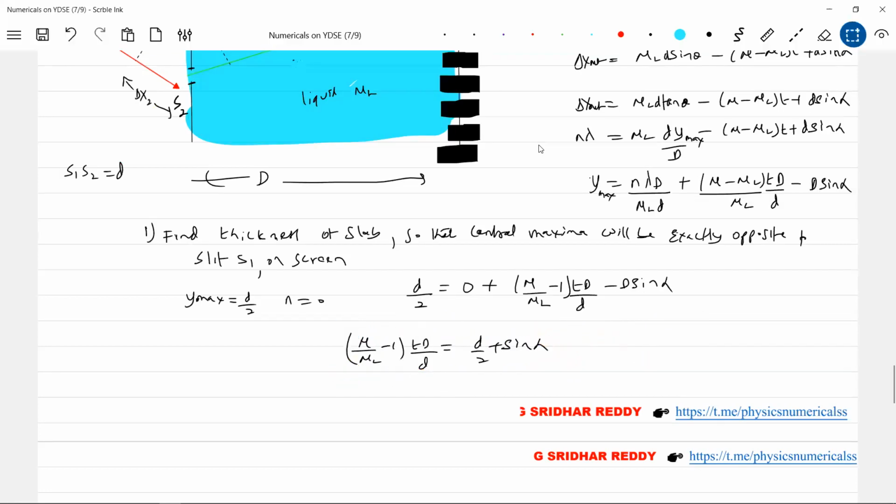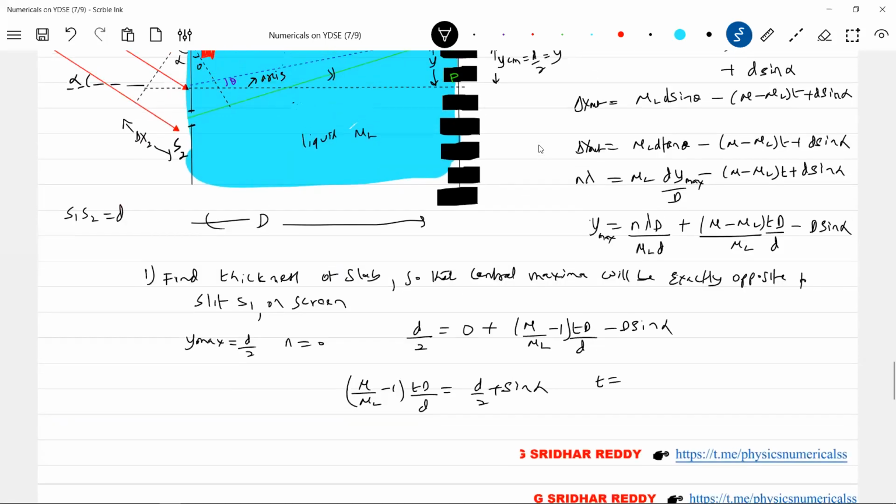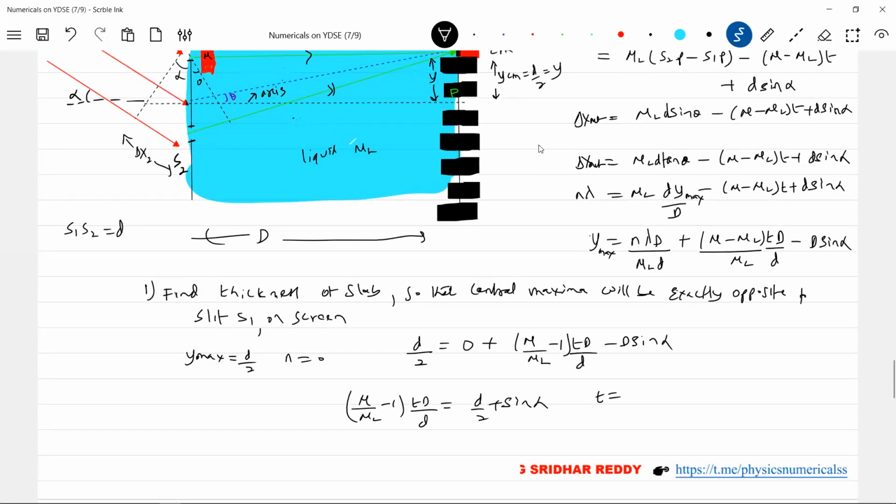So this t will be D square by 2d, mu minus L, d sine alpha.